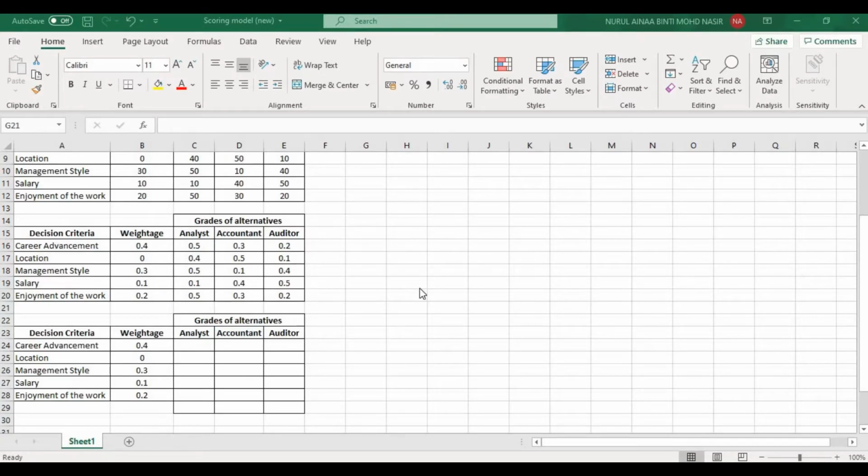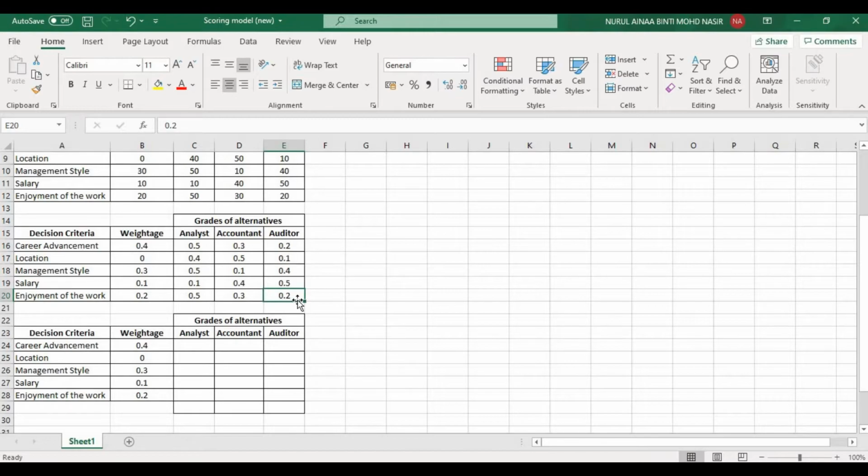These are the worksheets of the scoring model for the 3 job offers. The criteria weights are placed into cells B16 until B20. The grade of score for each criterion and decision alternative are entered into cells C16 until E20.